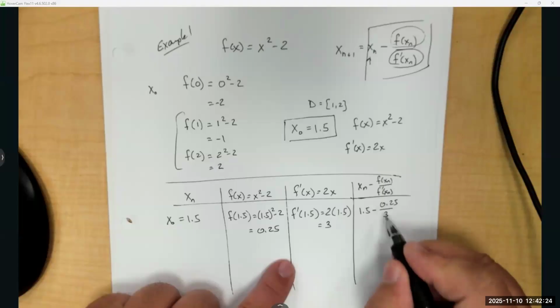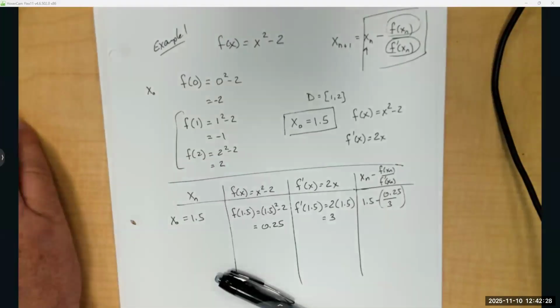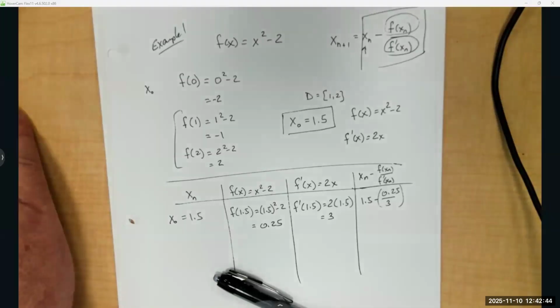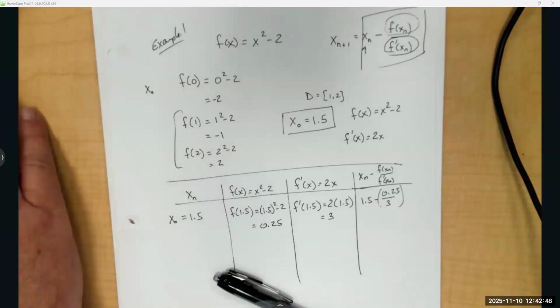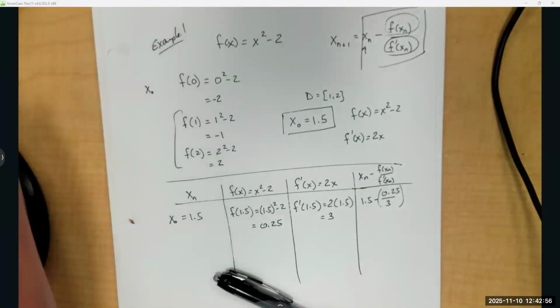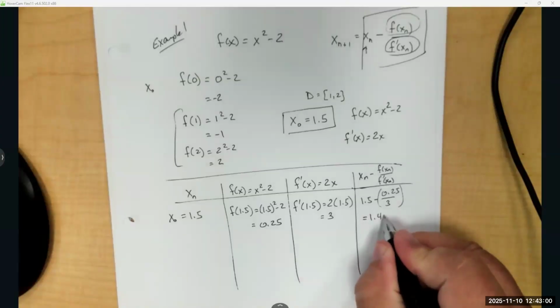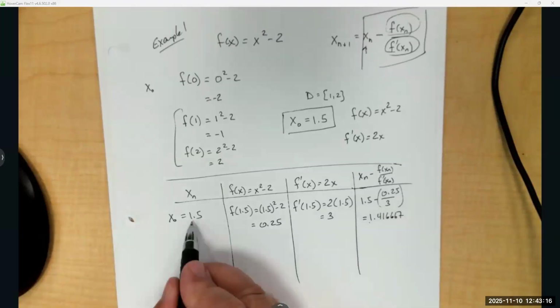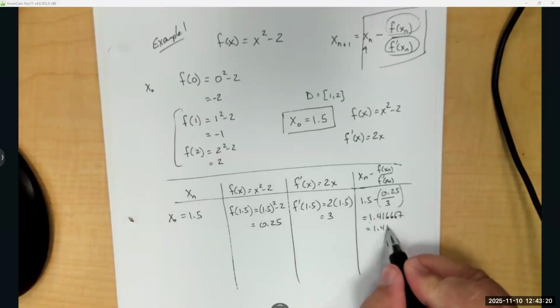The bottom number is 3, two times the initial value. Now I have to do this whole calculation here. So it's the initial value minus 0.25 divided by 3, which gives 1.416667. Now, since we're only doing one decimal place, let's make it 1.41.